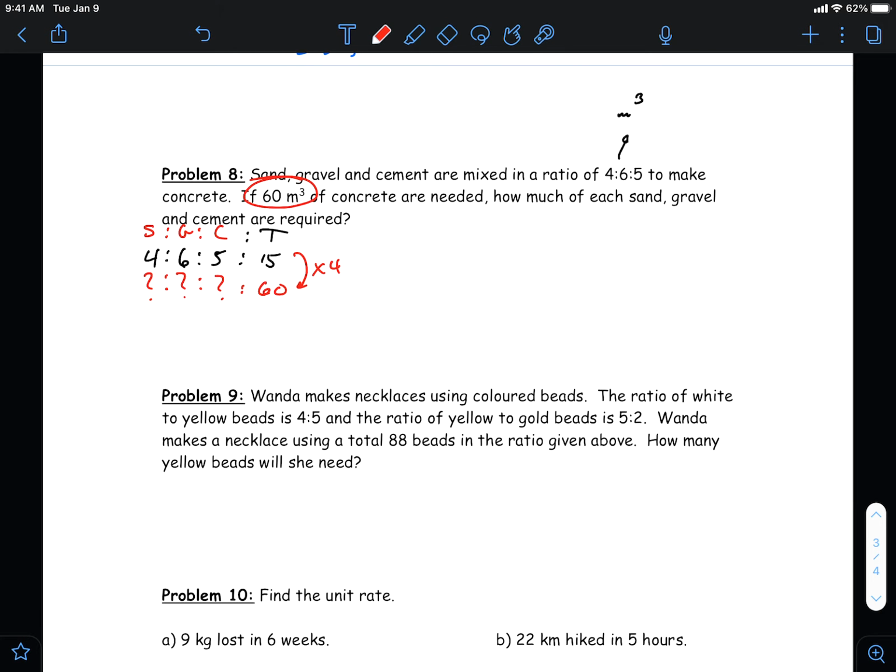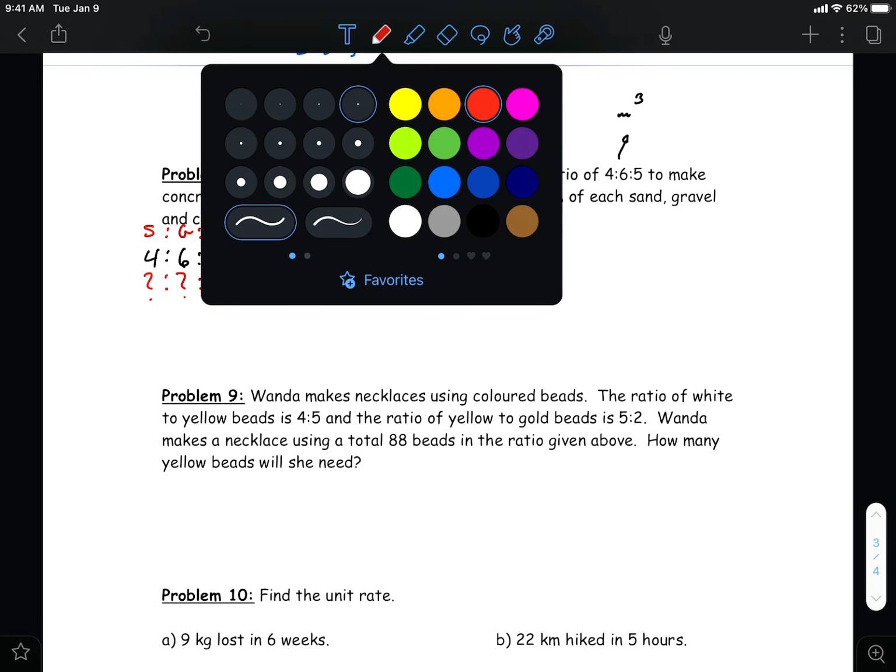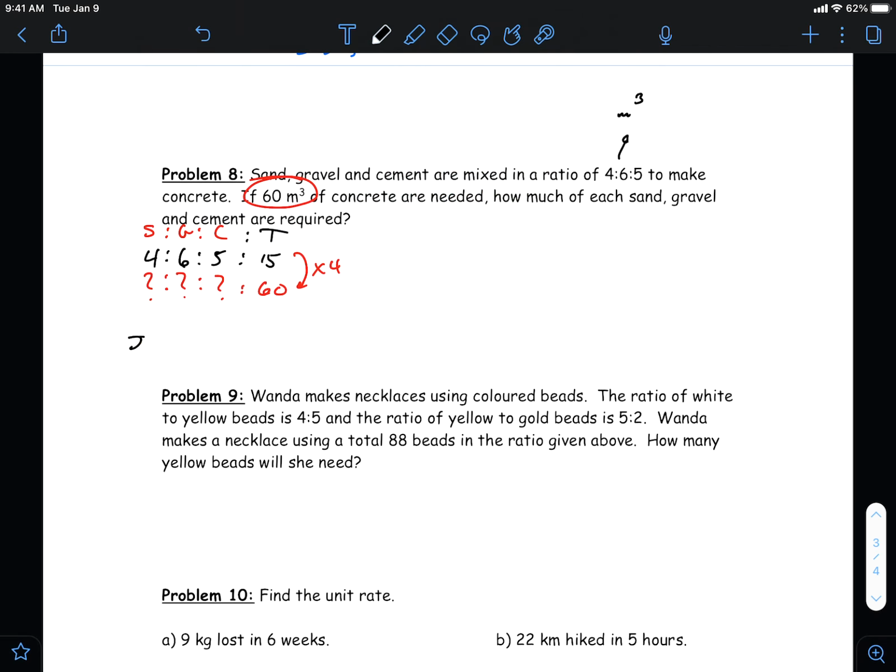So to find the new amount of sand in this 60 meter cubed mixture, I'm going to take the original 4 for the sand and scale it by 4. Which means I'm going to need 16 meters cubed of sand in the new one.